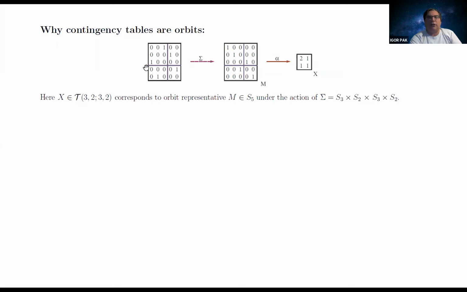And now you can see that if you start with this matrix, you can start doing the greedy algorithm, and put the ones along diagonals in the upper left corners, and in the remaining rows and columns that are not occupied yet, you can put more ones in the greedy way. And once you do that, you can just look at the total sum of numbers in each square, and then output that in your contingency table.